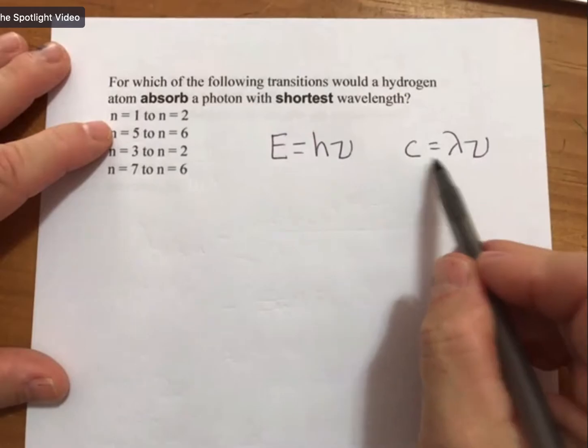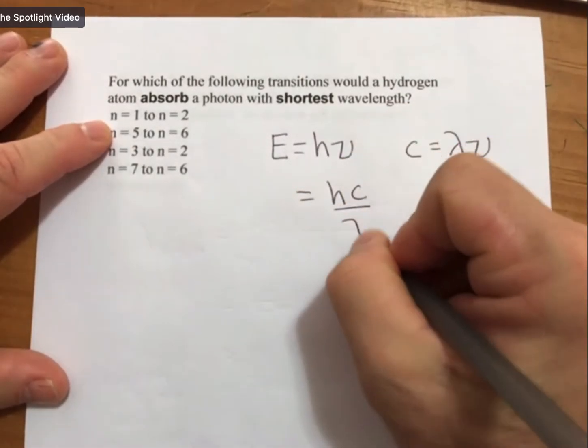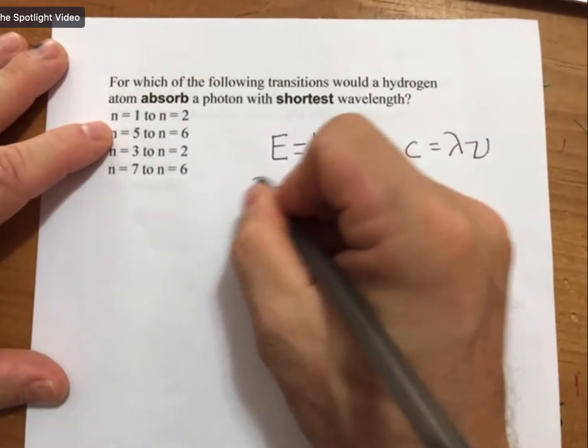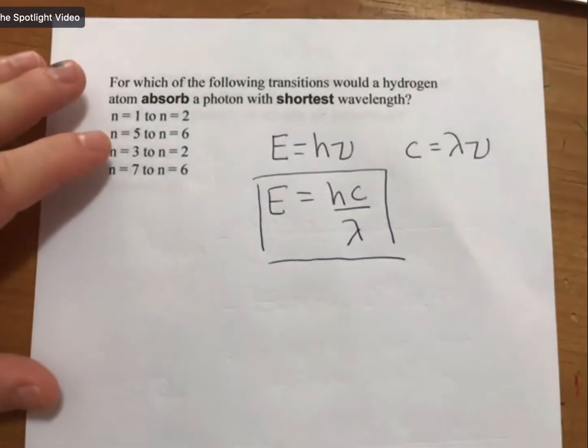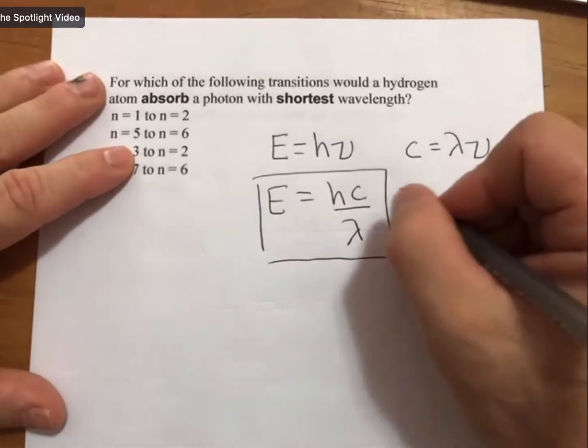If we put these together, we get that the energy is inversely proportional to wavelength.